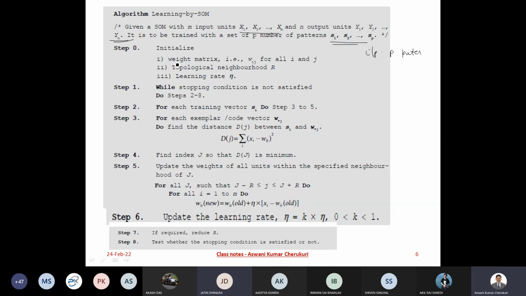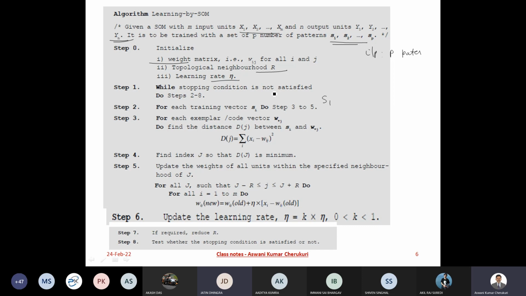Initially we take a random weight matrix. We define the neighborhood, so the radius, whether it is 1 or a radius of 2, then apply the learning rate. Then you pick each training vector. That means you take S1, perform this activity, then go to S2, perform the activity, go to S3, and so on up to P.